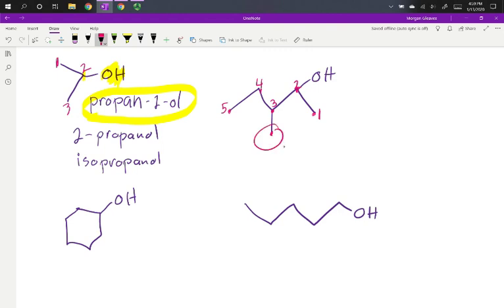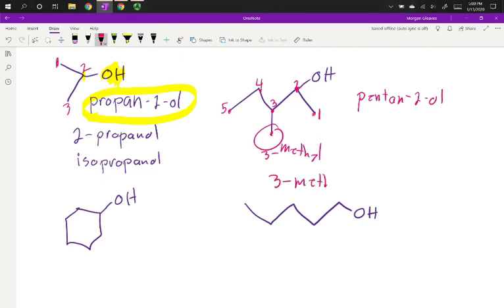Which means I have a methyl coming off position 3. So I have a 3-methyl. I have a 5, so that's a pent. For the chain, it's all single bonds, so it's a pentan. 2-ol with a 3-methyl. So I combine it. The name is 3-methylpentan-2-ol.